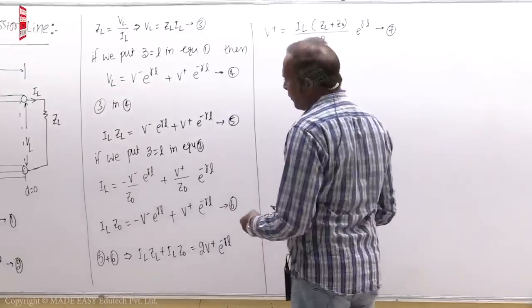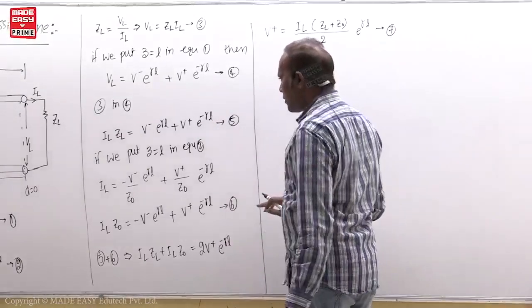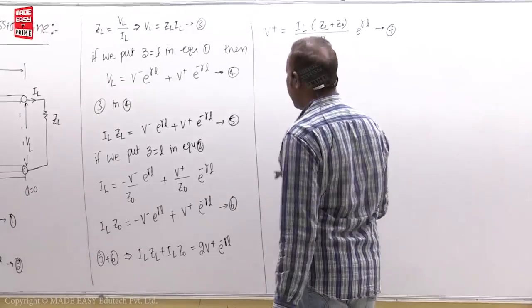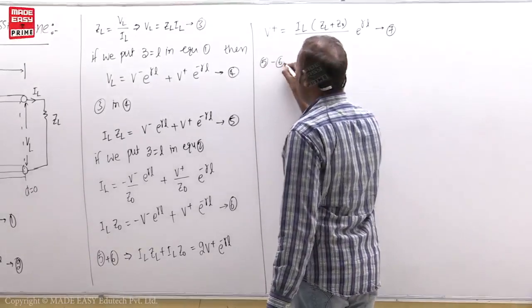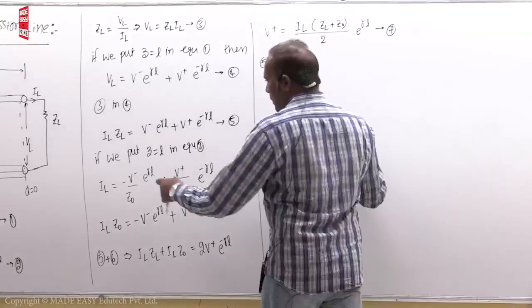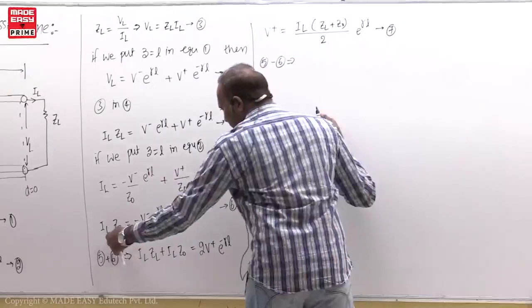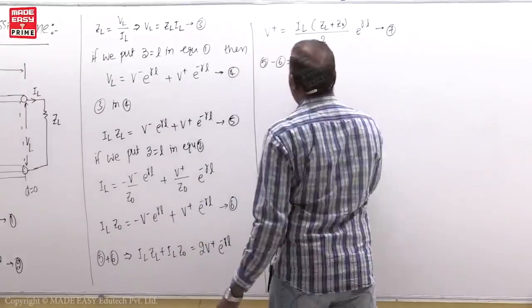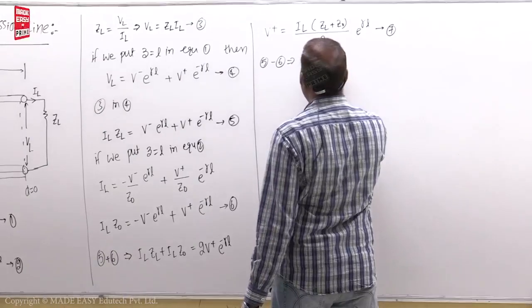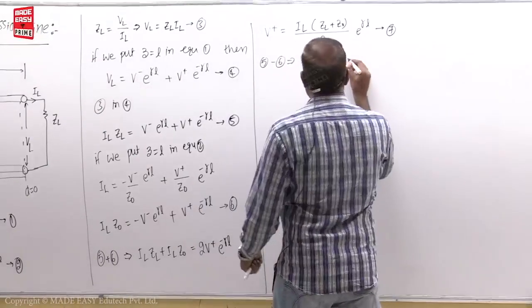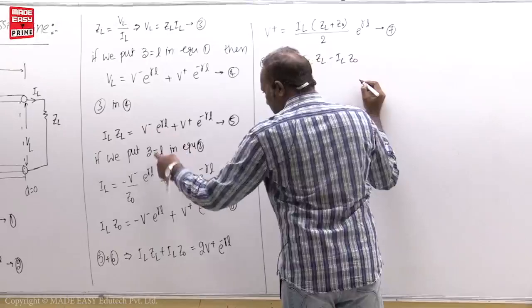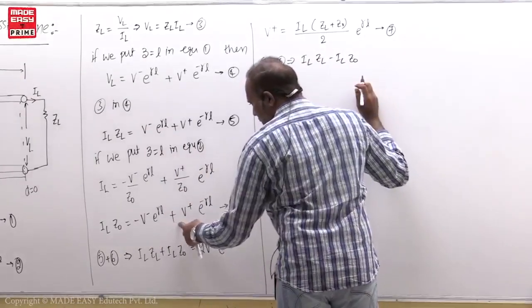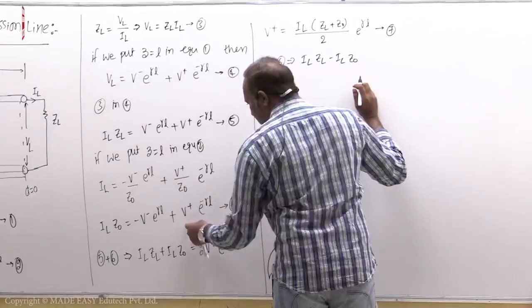Now if you subtract them, equation 5 minus 6. Minus comes here, plus comes here, minus comes here. Then I_L Z_L minus I_L Z0, this one adds, and this one cancels.